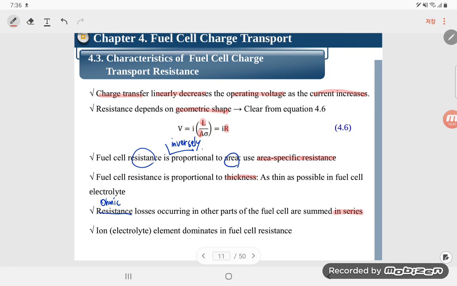Okay, in series is very important. An ion electrolyte element dominates the fuel cell resistance, as we saw in the previous example. The ion electrolyte is very important for the ohmic resistance.